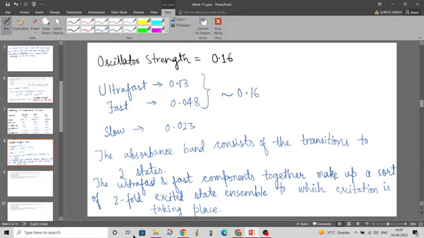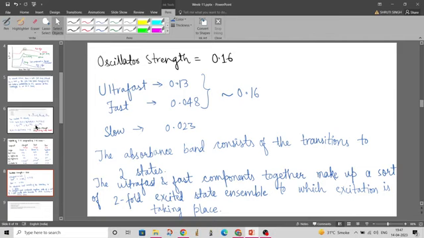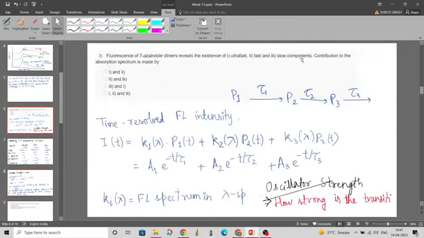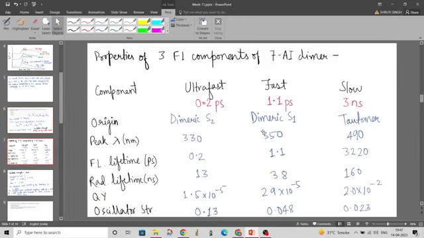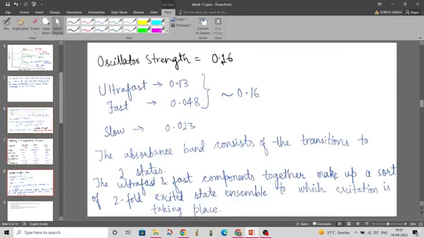So to answer this question, the question was: contribution to the absorption spectra is made by which components? The answer is clear now because the oscillator strength which we get from the absorbance is 0.16, and from the fluorescence data, if we sum the ultrafast and the fast component oscillator strength, we get roughly 0.16.